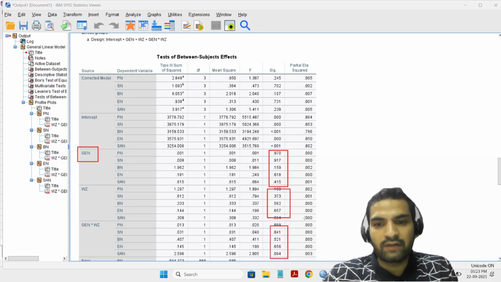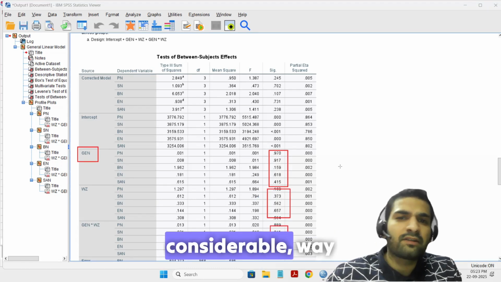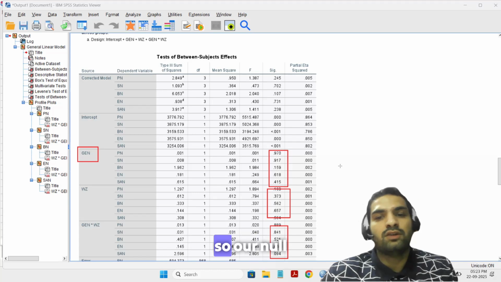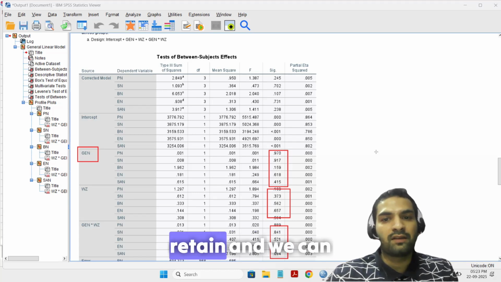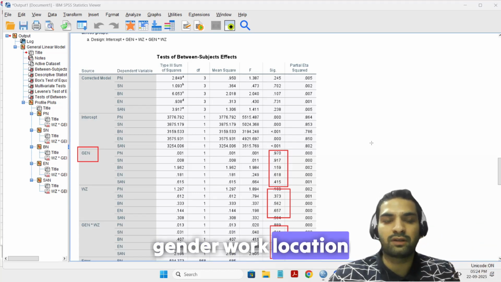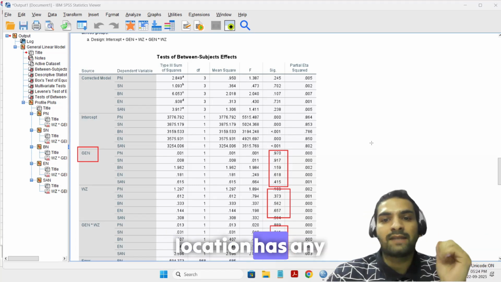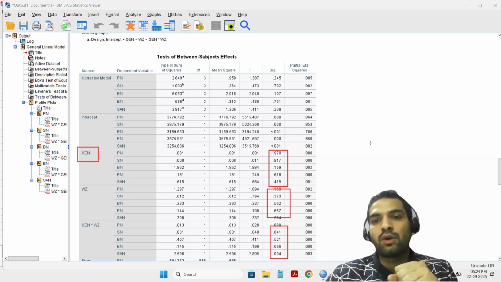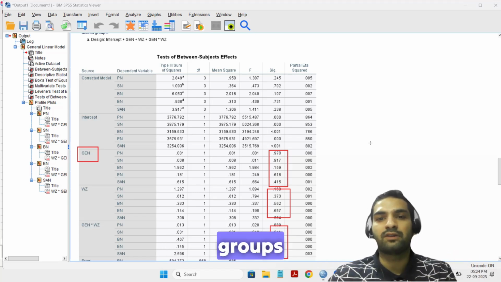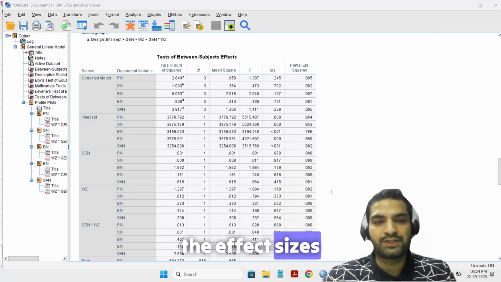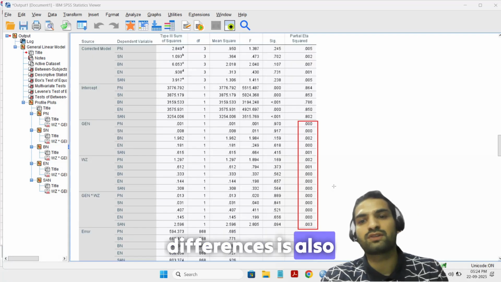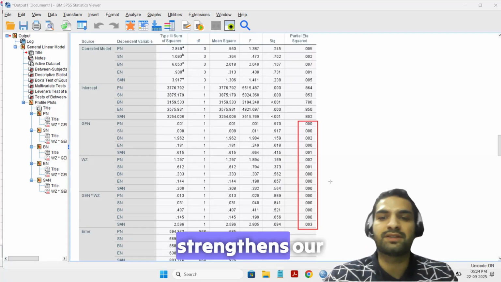Similarly, these significance values are also not considerable, way higher than our cutoffs. So our null hypothesis is retained, and we can say that neither gender, work location, nor their interaction, gender times work location, has any significant impact on the satisfaction levels of different groups. You will see that the effect sizes for these differences are also very small, which again strengthens our conclusion.